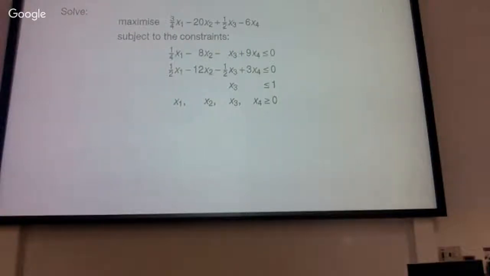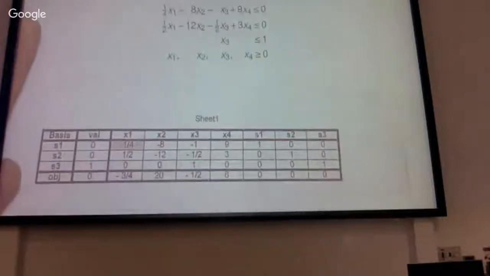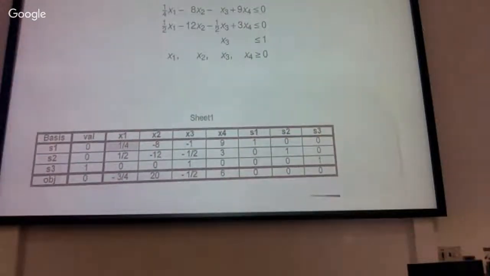So when you're trying to solve this, you have the tableaus on the other side of the sheet. So you start with this tableau. There shouldn't be anything surprising in this tableau. You just, the usual way, add 3 slack variables, and this is what you get.